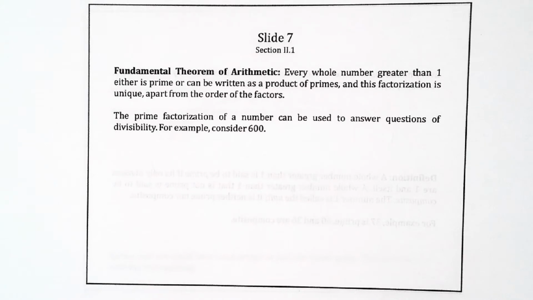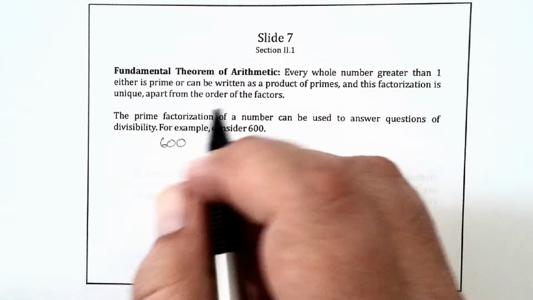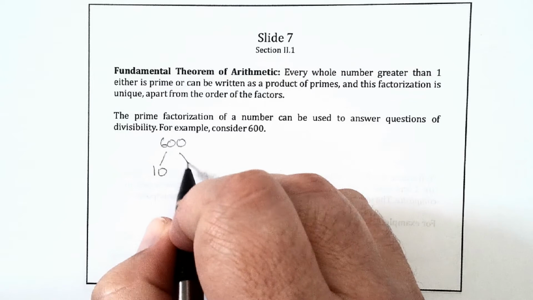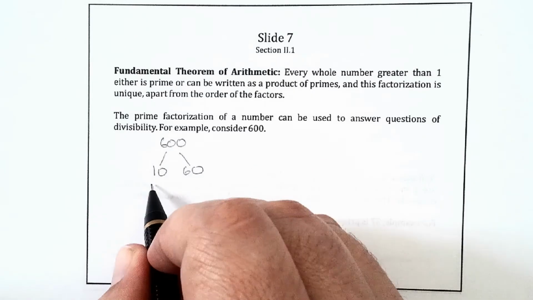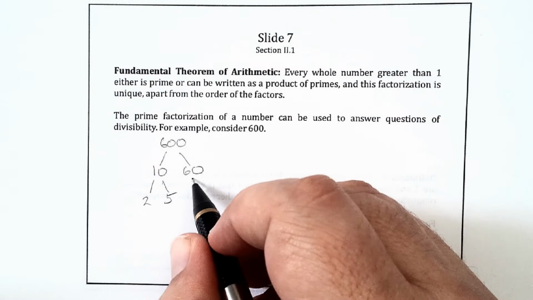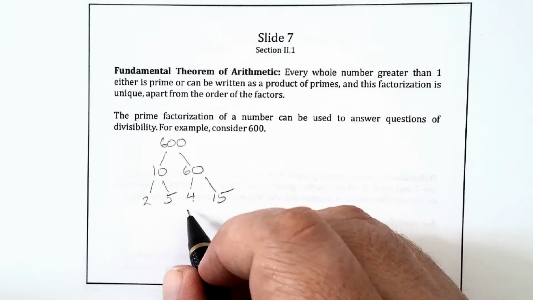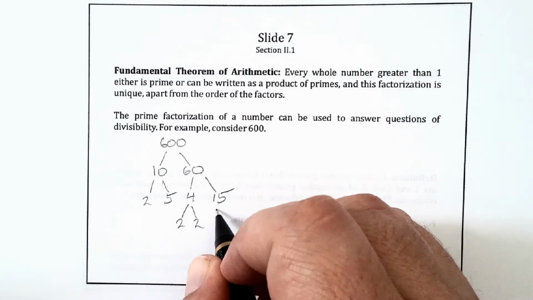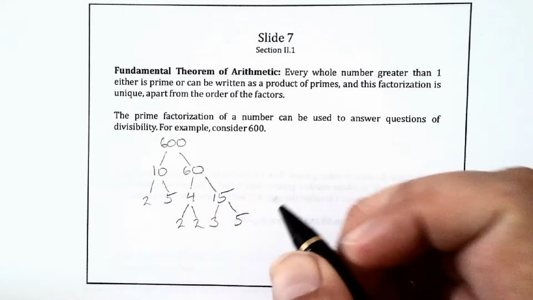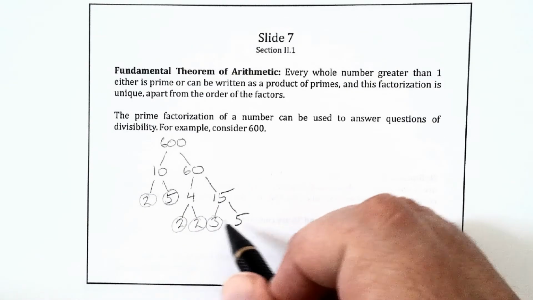We can use the prime factorization of a number to answer questions about divisibility and all sorts of things. For example, consider 600. 600 is 10 times 60. 10 is 2 times 5. 60 is 4 times 15. 4 is 2 times 2. 15 is 3 times 5. So we have 2, 5, 2, 2, 3, and 5.